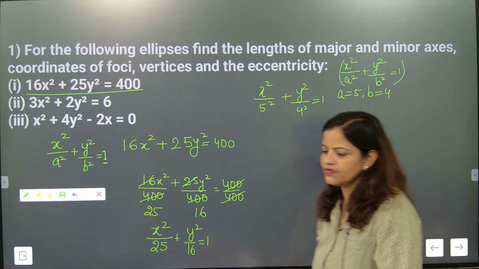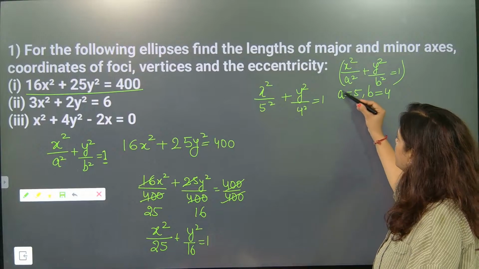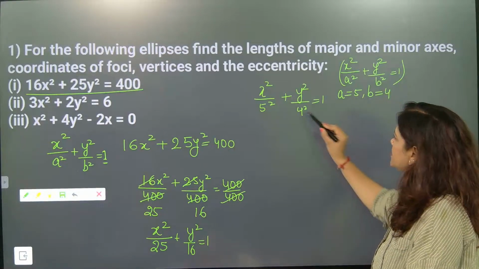Here this will become 5 square and this will become 4 square. That means if we compare with the standard equation of ellipse, a will be equal to 5 and b will be equal to 4, beta.